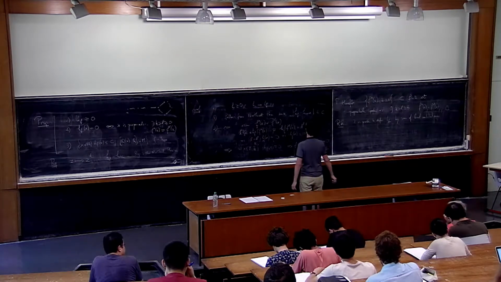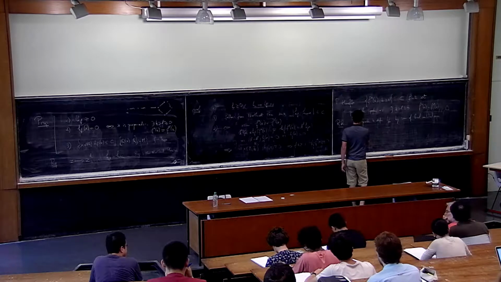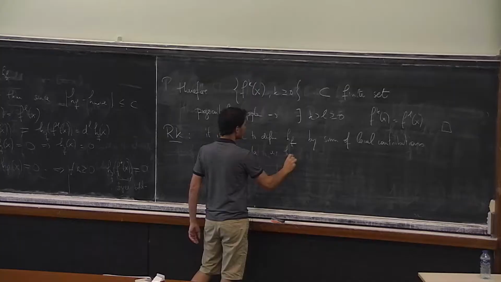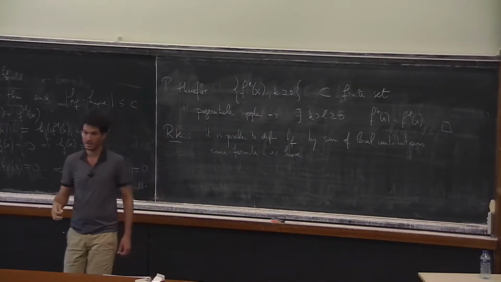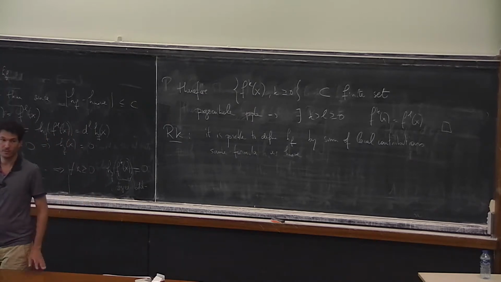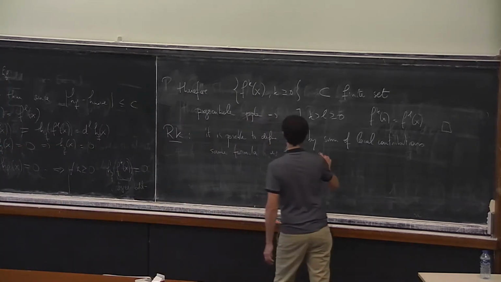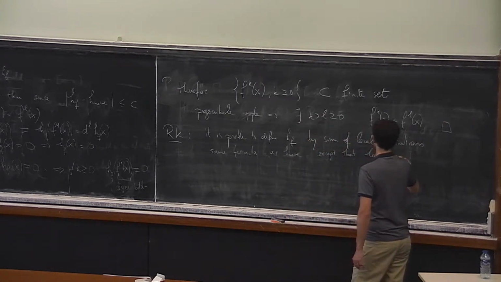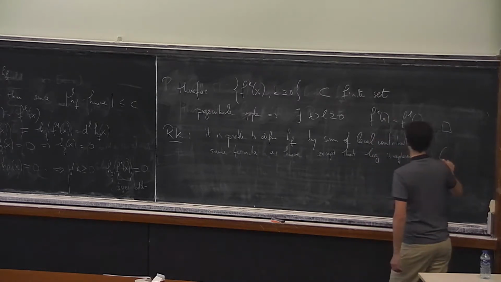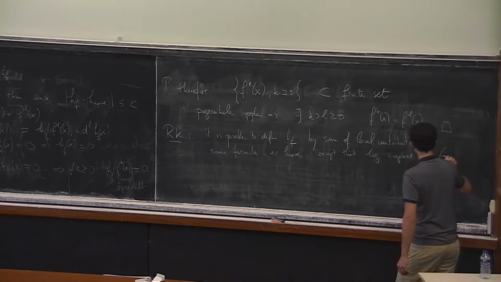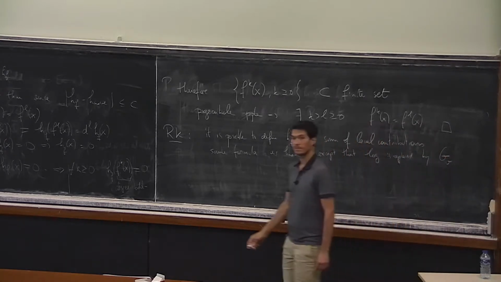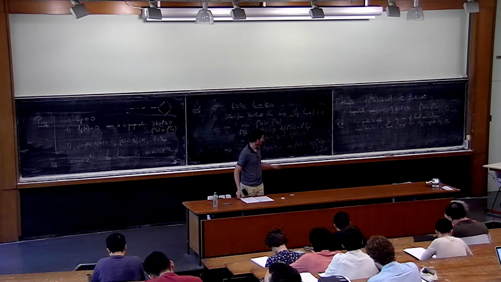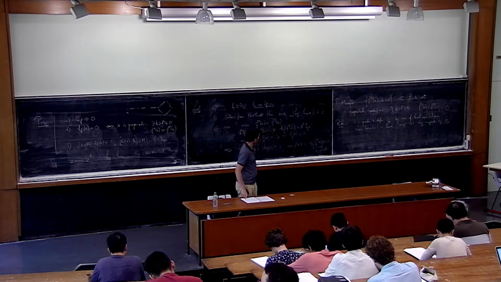So it's the same formula as the naive height, except that the logarithm is replaced by the Green function, which was defined yesterday, at the corresponding place. Okay, I will come back to this later. Actually, not so far from here. Okay.